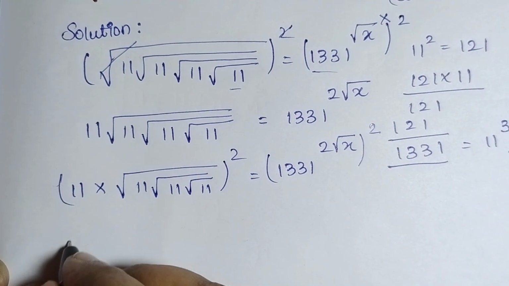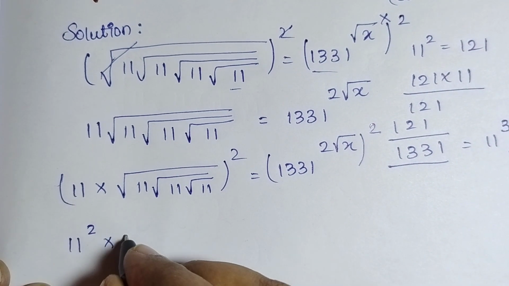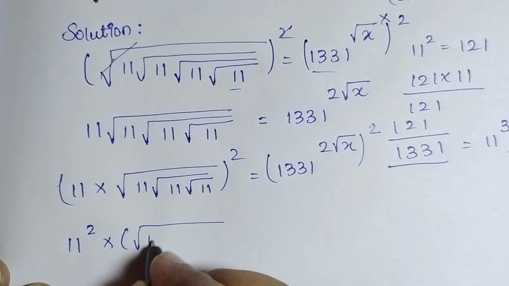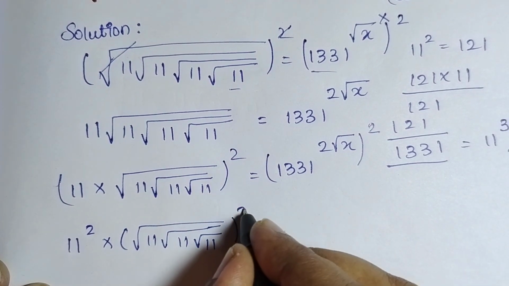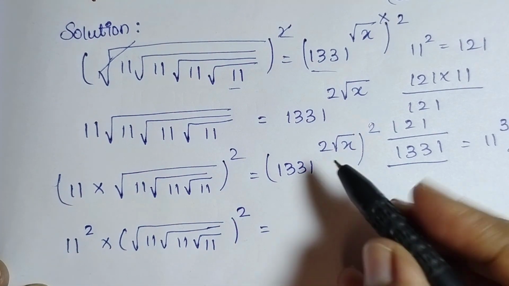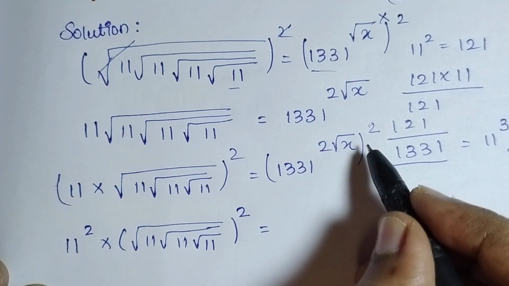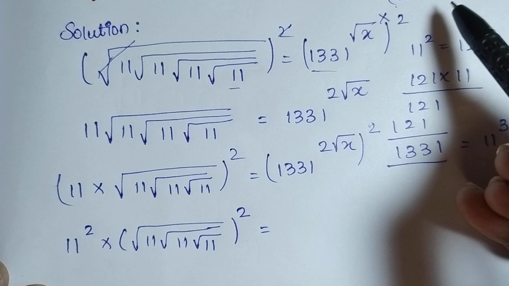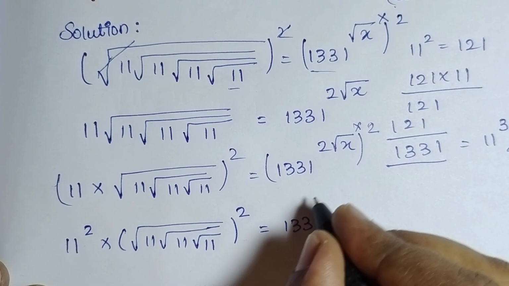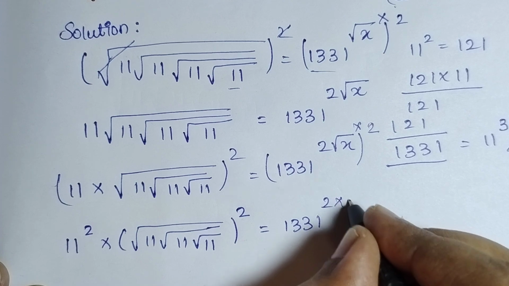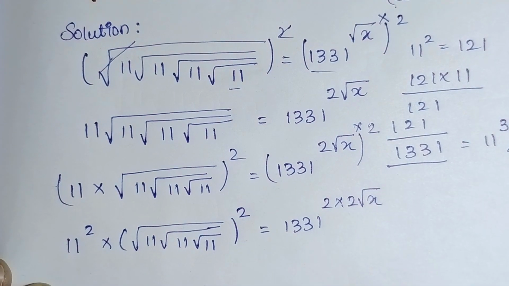Therefore this becomes 11 square into the root of 11, root of 11, root of 11, the whole square, which is equal to, in a power m the whole power n format, these get multiplied. Therefore 1331 to the power of 2 into 2 root x.